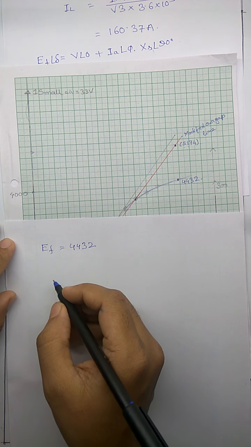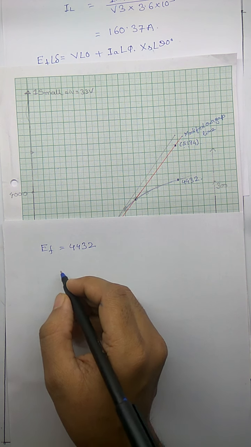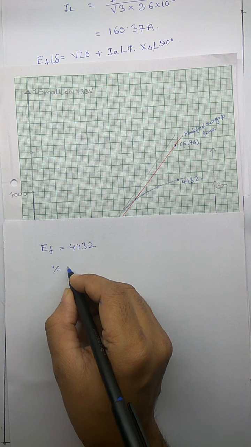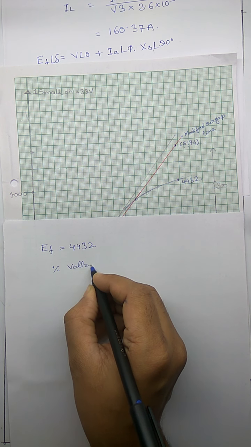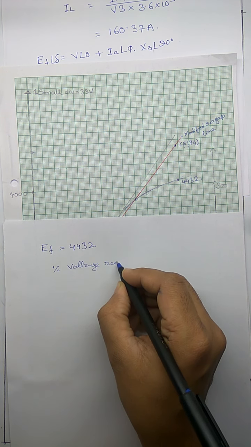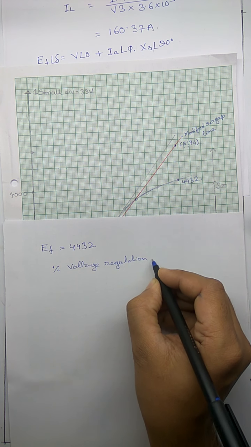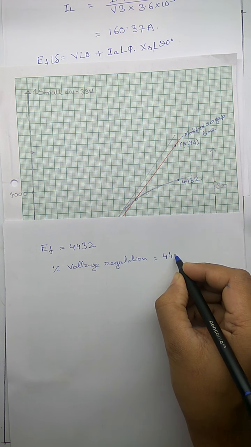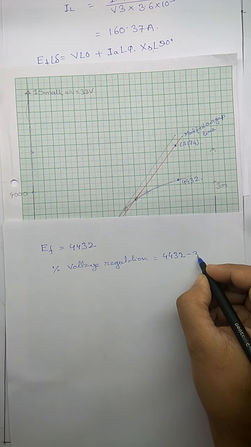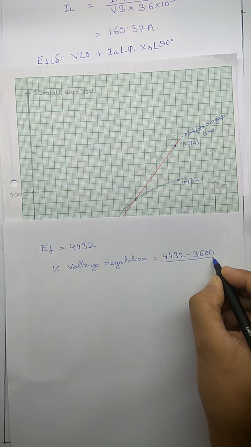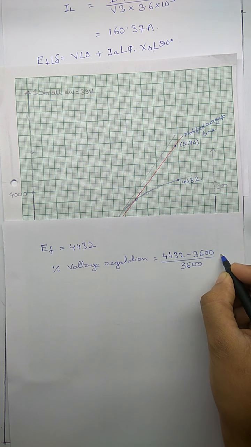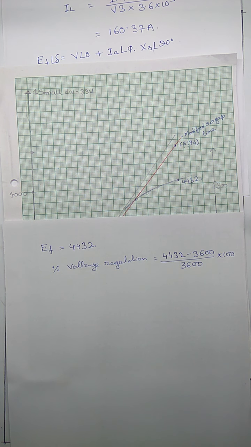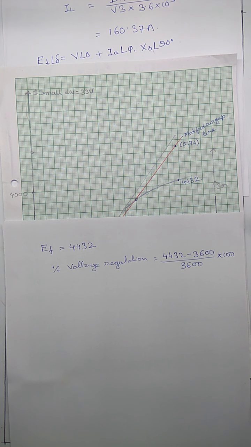Now, what will be my percentage regulation? My percentage regulation is 4432 minus 3600 divided by 3600 into 100. If you calculate it like this, the result will be nearer to the actual case. We will continue our discussion in the next class with a new topic.